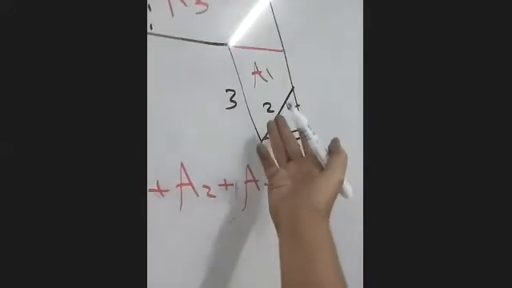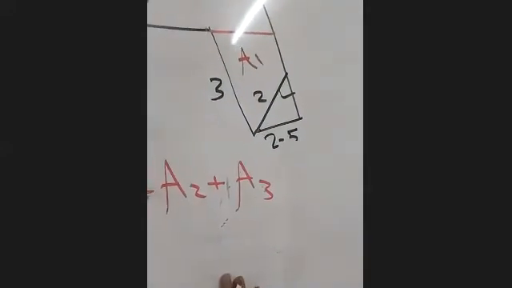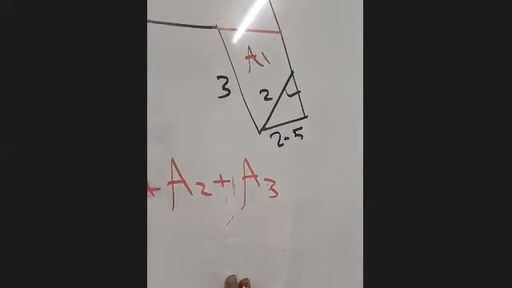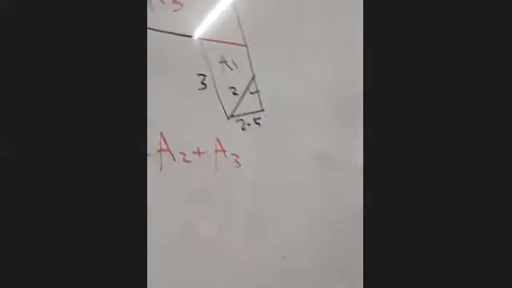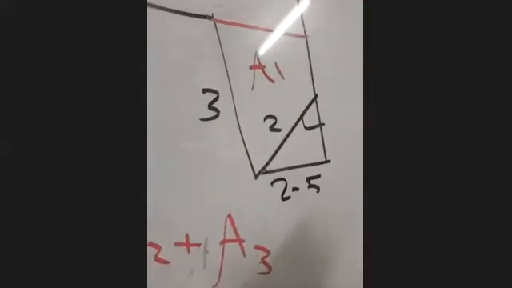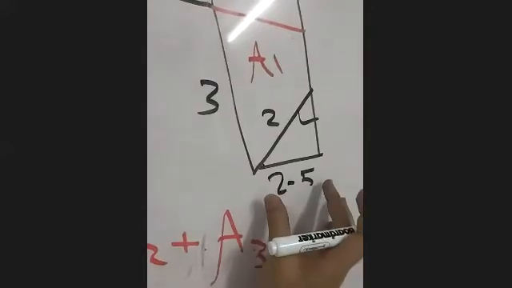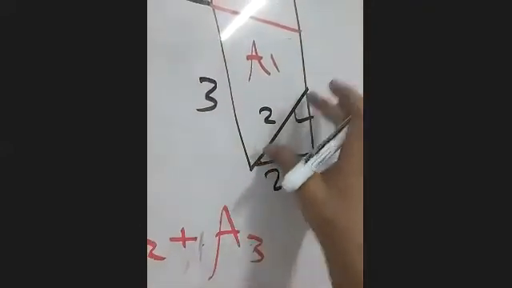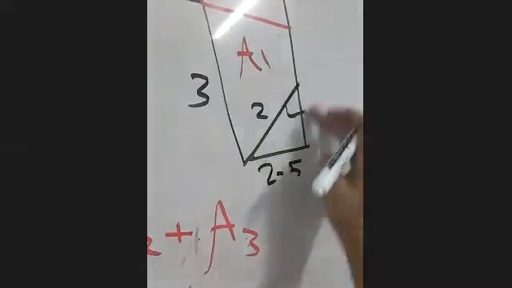Let's start with A1. A1 is a parallelogram. What's the formula of the parallelogram? Base by height. Now what are the base and the height? The base is 2.5. No, this is a slant side. The height always intersects with the base. This is the base.